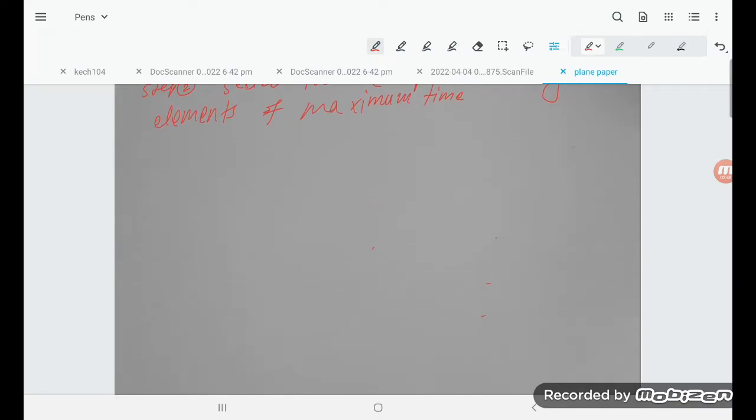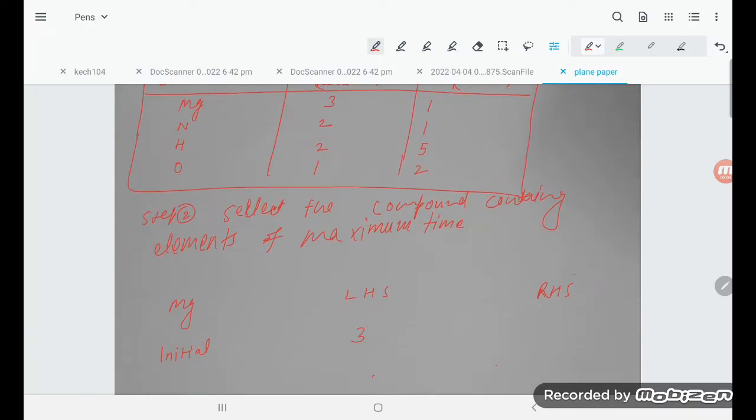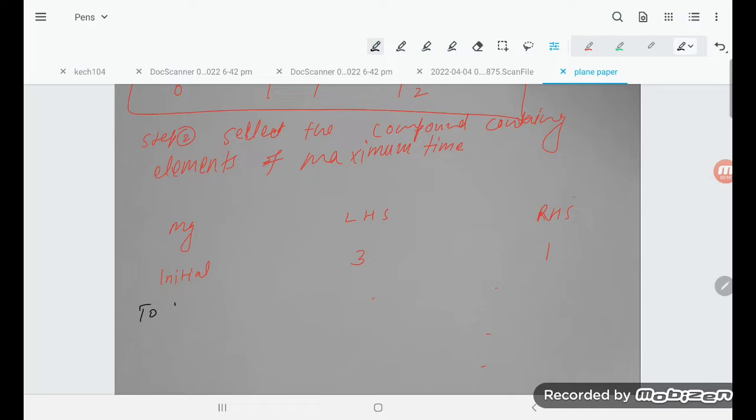If you are balancing Mg, I write LHS and RHS. Initially Mg is 3 here, and 1 on this side. To balance, 3 multiplied by 1 and 1 multiplied by 3, so it will be balanced.